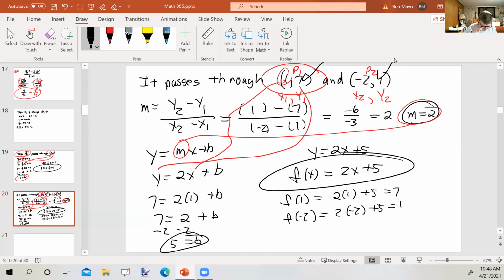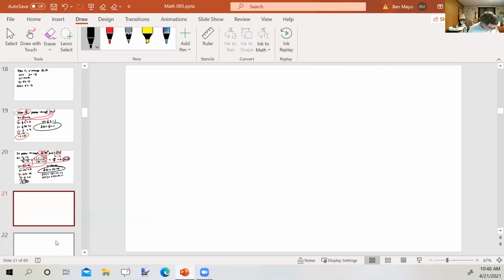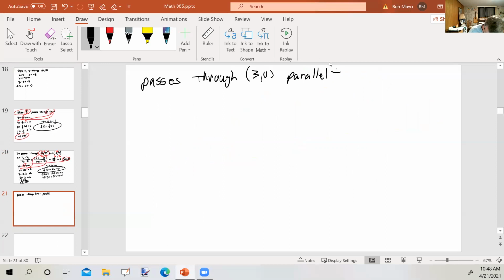All right. Now, this says, write an equation for a linear function that passes through the point (3, 0), and it's parallel to the graph of g of x equals negative 2/3 x minus 4.